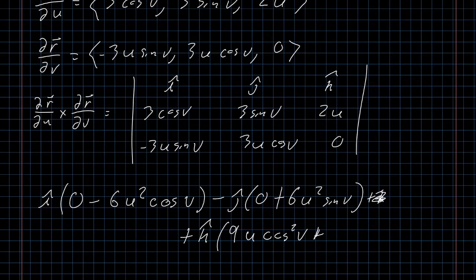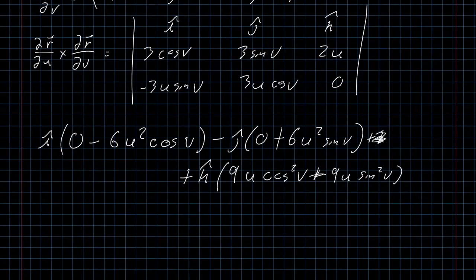Subtracting a negative is adding 9u sine squared v. And so that's negative 6u squared cosine v in the i direction. That's negative 6u squared sine v in the j direction.